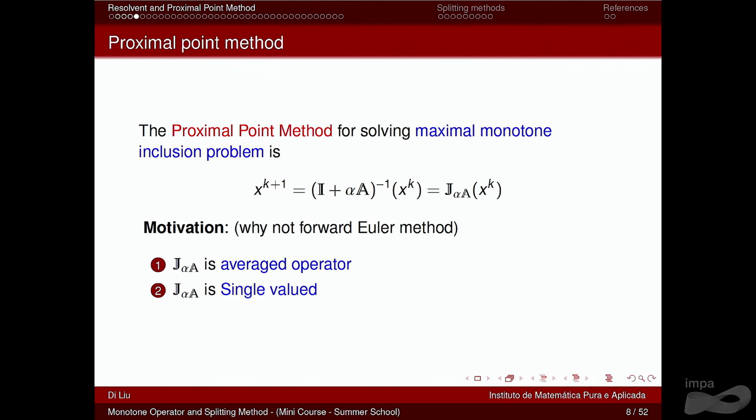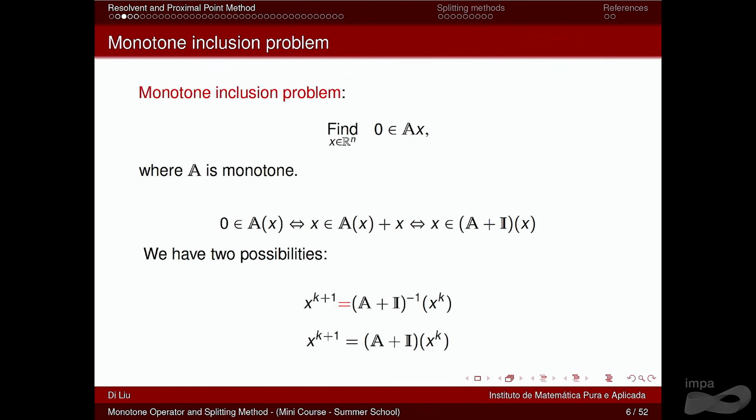Another way, if you want to use this kind of iteration without the inverse, you cannot use the equal sign here. At least you need to analyze it. It's better to use belongs to, because if A is maximal monotone, you cannot guarantee that A plus identity is maximal monotone.